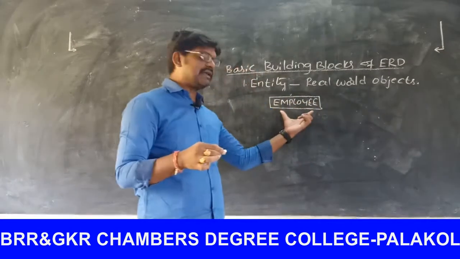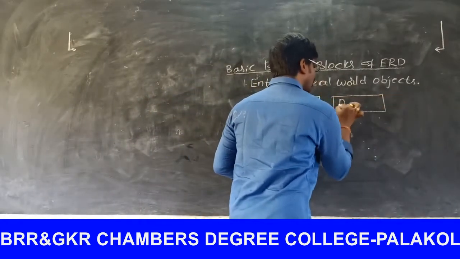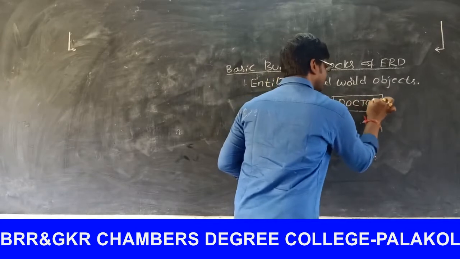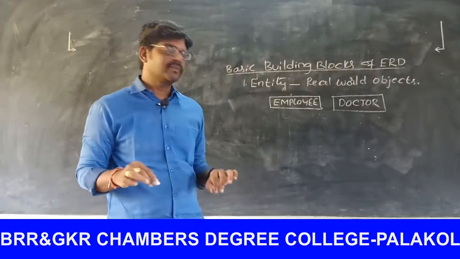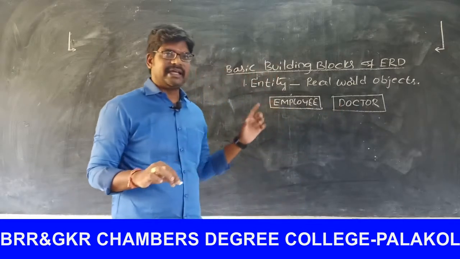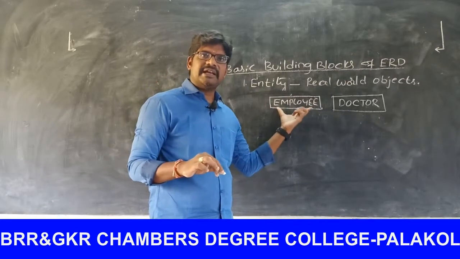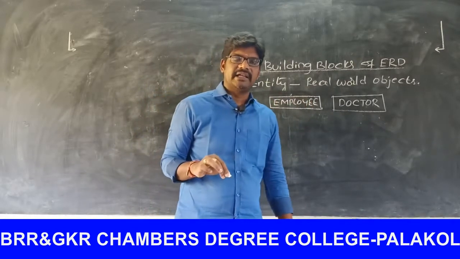Employee is an entity. Doctor is an entity. So an entity can be represented by the simple rectangle. Every entity has a name, and the name is indicated inside the rectangle.